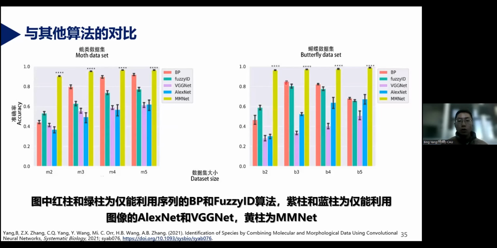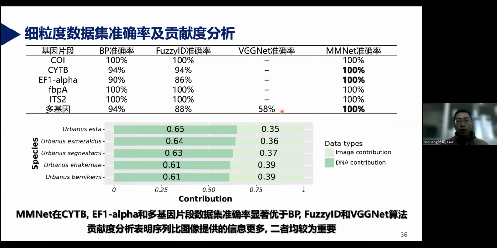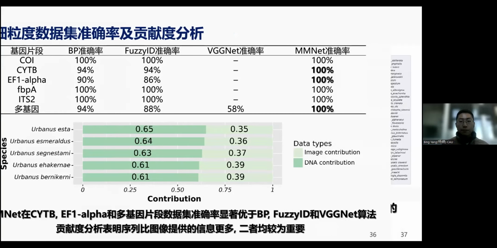Compared to other algorithms, our accuracy is significantly higher, including higher than the algorithms using molecular or morphological data alone. In terms of fine-grained data sets, MMNet has a higher accuracy in EF1 alpha and multi-gene fragment data sets than BP, fuzzy ID, and VGGNet, and we can provide more comprehensive information that is important.